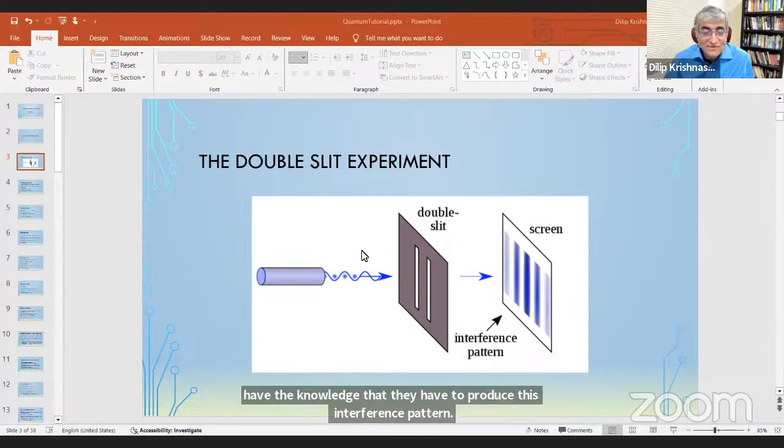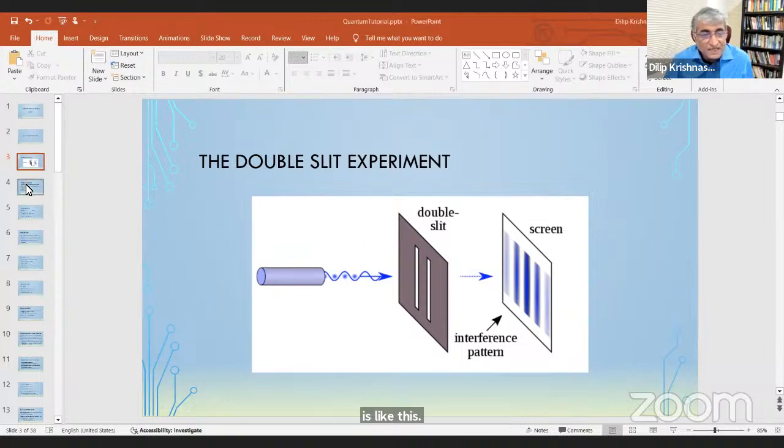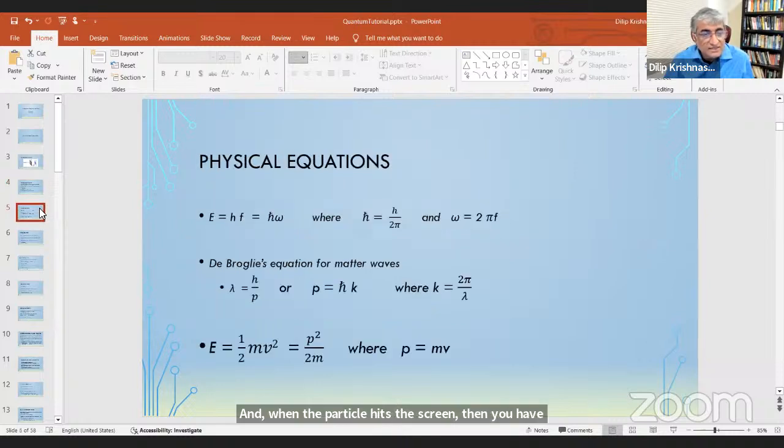A sequence of photons actually knows that they represent a behavior that should be shown on the screen. And when the particle hits the screen, you make a measurement. At that point, it collapses to a particular state.